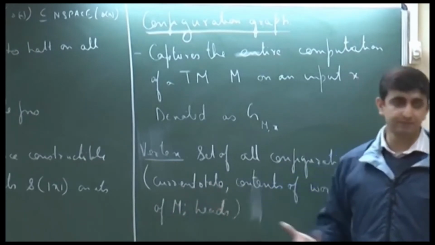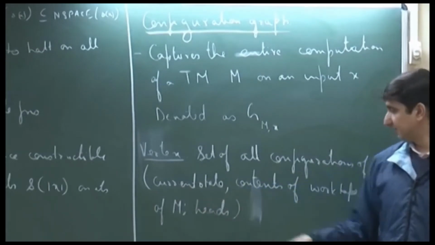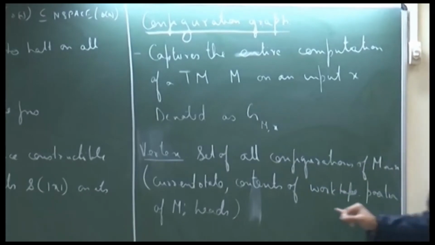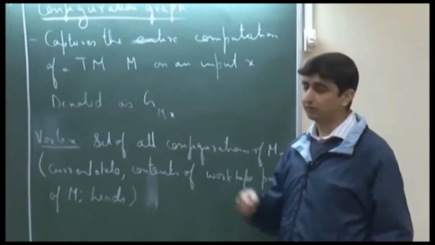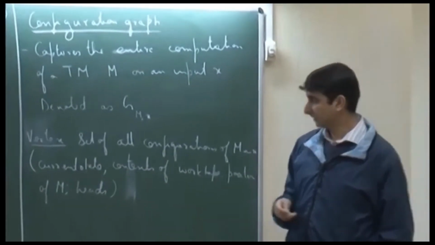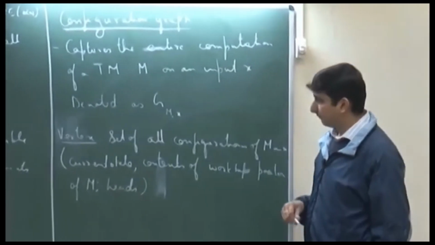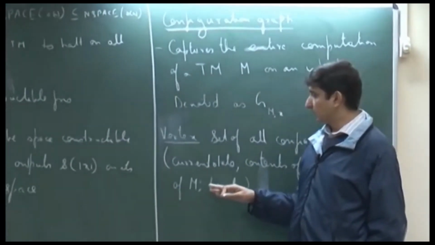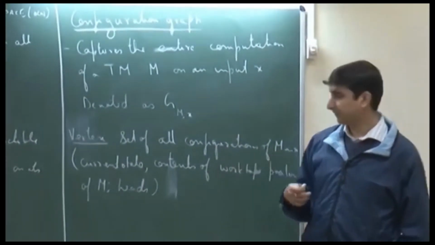The number of states is constant, once you fix a machine M. But the other things need not be constant, because they depend on what x is, how large x is. We will come to the size of the vertex set in a moment, but for now think of it as every vertex in this configuration graph corresponds to a configuration of the machine.